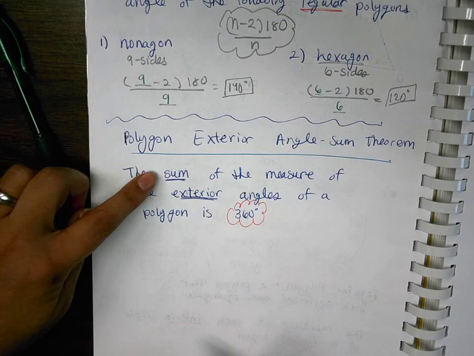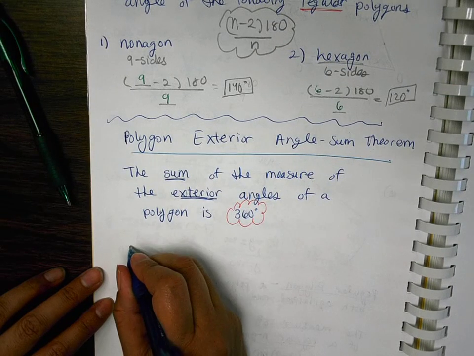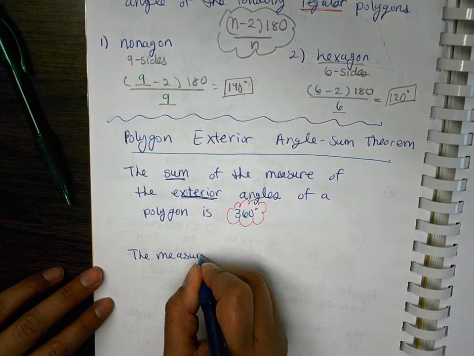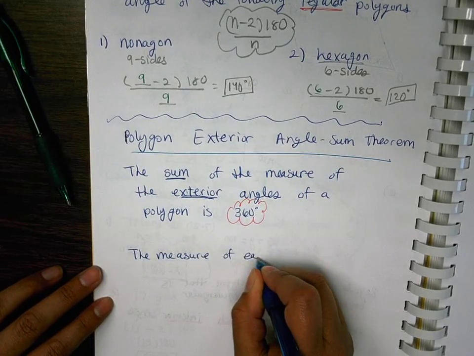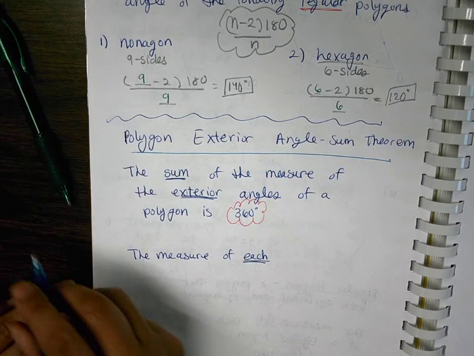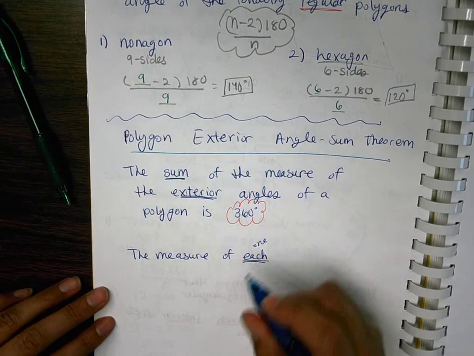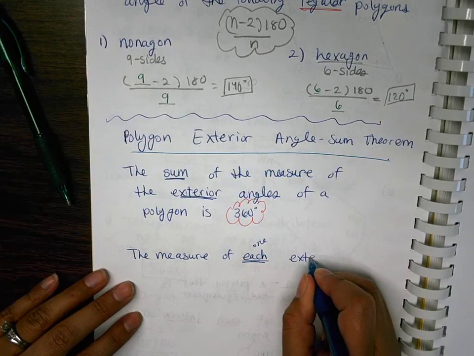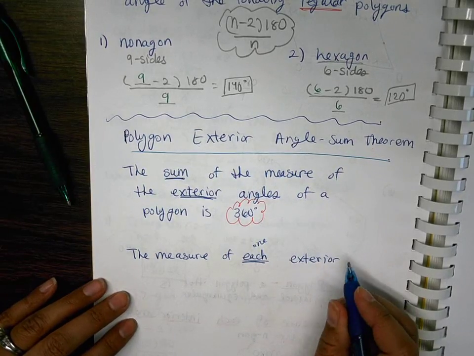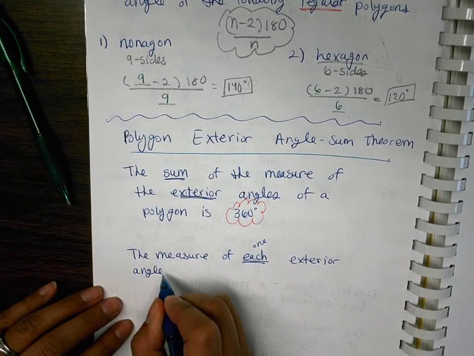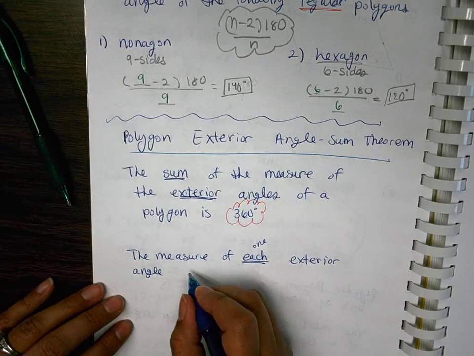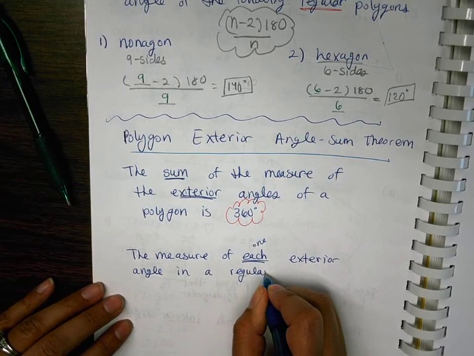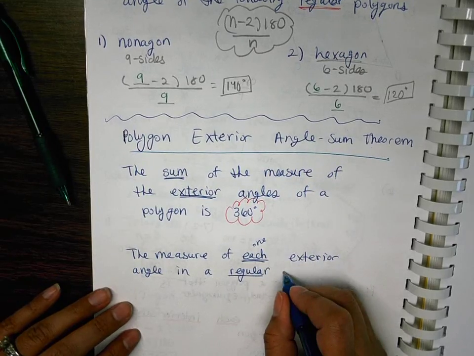Okay, there's one more. You ready? The measure of each, what are we now talking about? One or an. The measure of each exterior angle in a regular, keyword there, regular polygon.